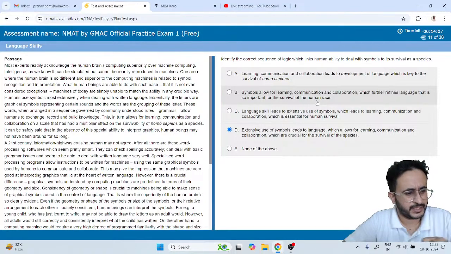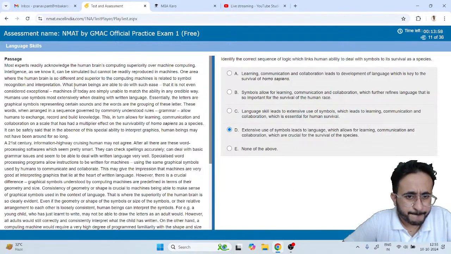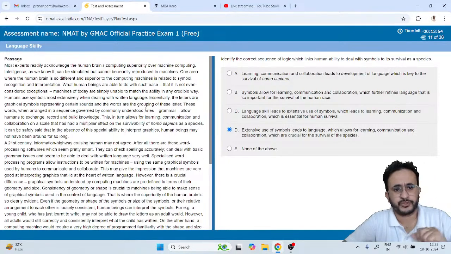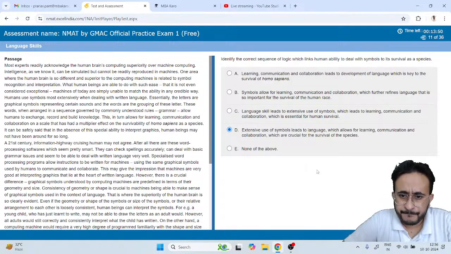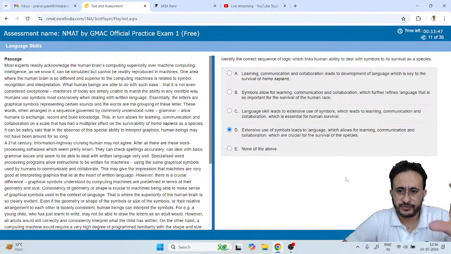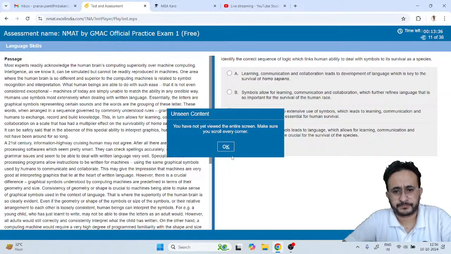It does not say that. Extensive, like humans use symbols most extensively when dealing with written languages. So, extensive use of symbols is to language, allows learning. Language does not lead to symbols, symbols lead to language. So, I think this should be the answer.